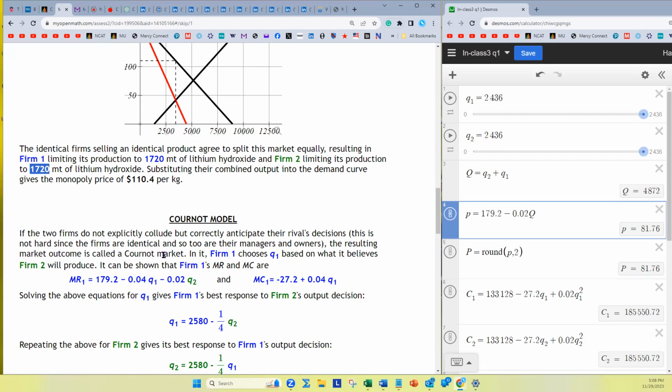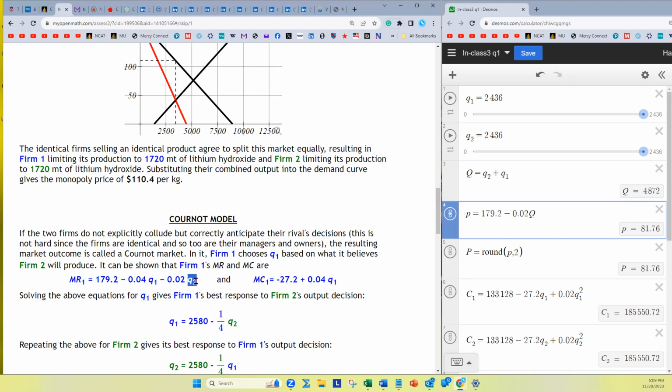In it, firm one is choosing its quantity based on what it believes firm two will produce. And it can be shown that firm one's marginal revenue and marginal cost are these two equations. This green Q2 is firm two's choice. This is firm one's choice. Firm one chooses its output based on what it believes firm two will do.